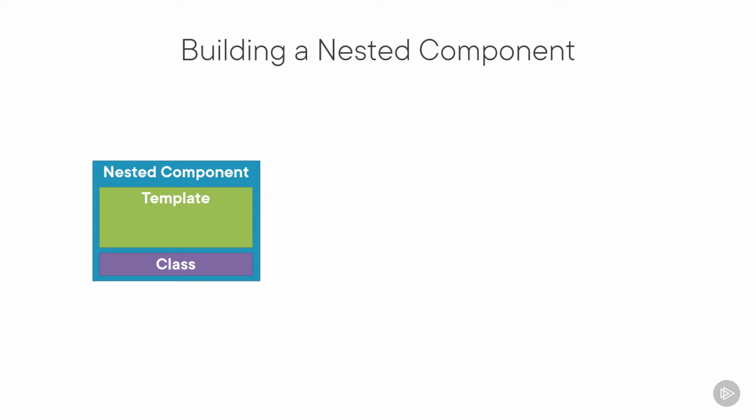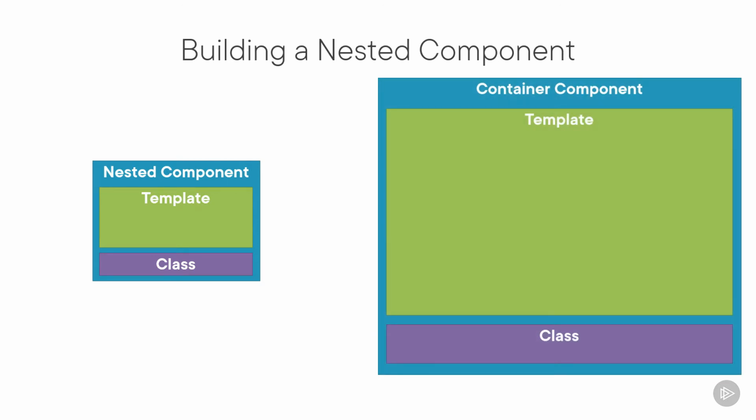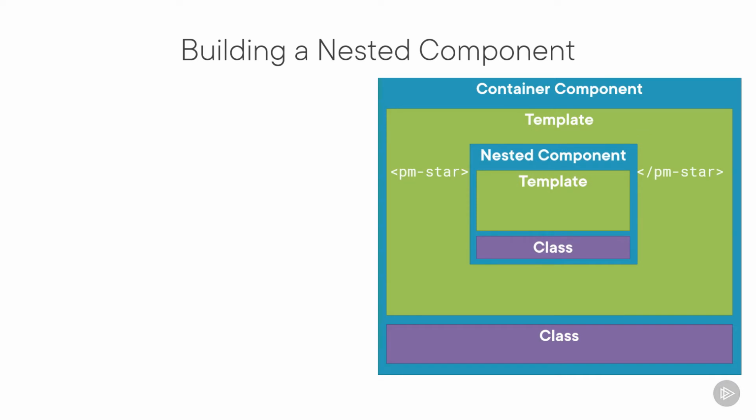Here is a visual representation of a component that is nestable. Here is another component. It wants to use the nestable component in its template. We then refer to the outer component as the container or parent component, and we refer to the inner component as the nested or child component.